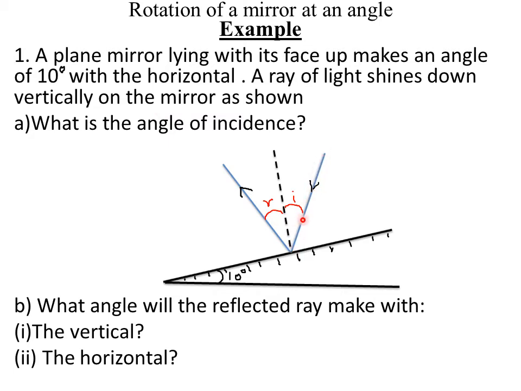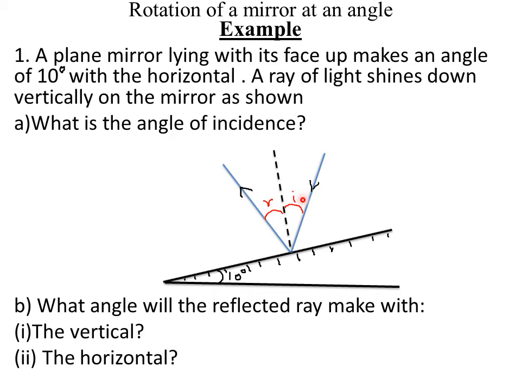If we are asked to find the angle that the reflected ray makes with the vertical, they actually want the angle between the incident ray, because the incident ray is vertical, and the reflected ray. So in short, this is the angle that they want.